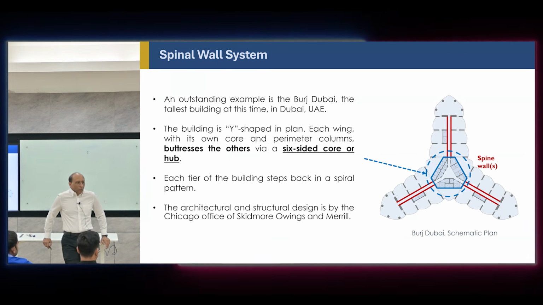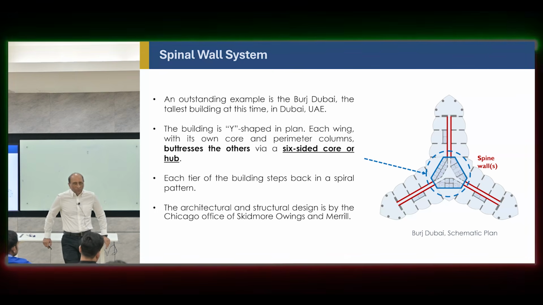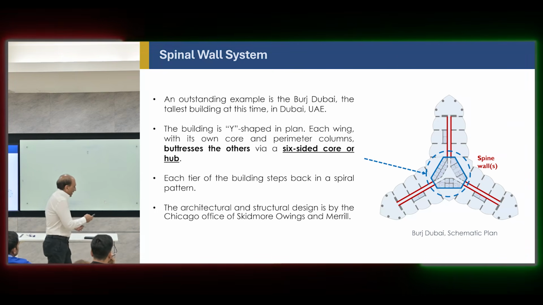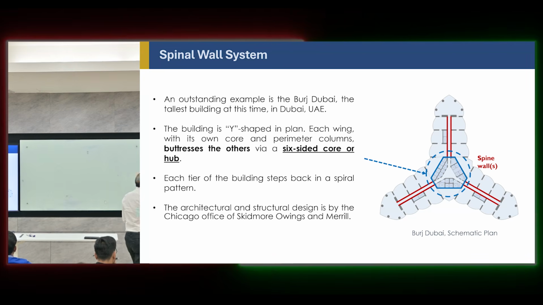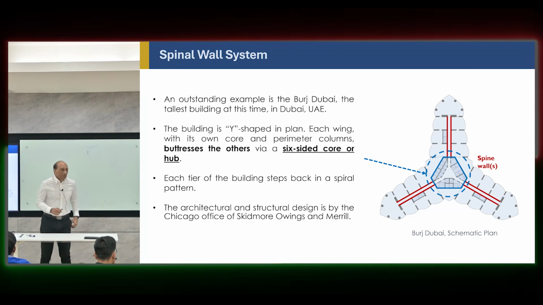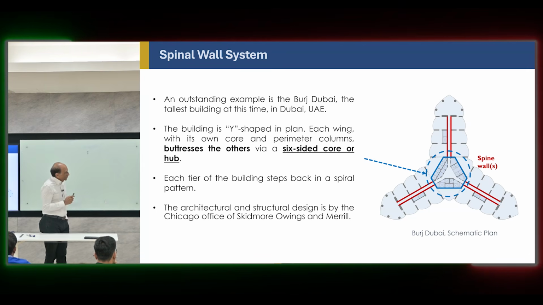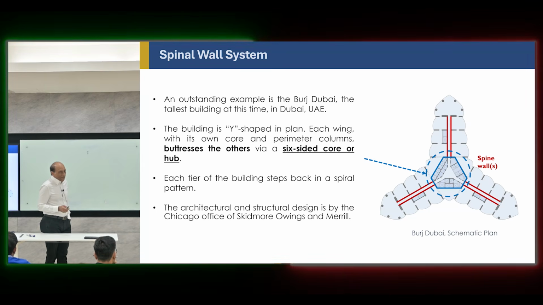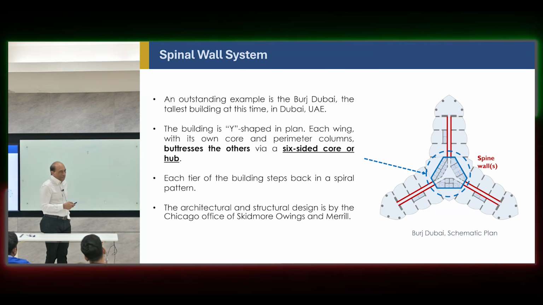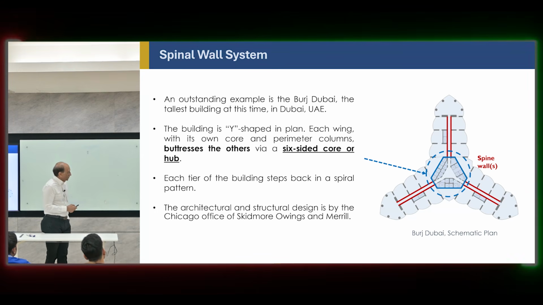If the core fails, everything fails. And the core is where everybody wants to have their things accumulated. Normally there are some serious issues regarding the core design and core size. There was a building that failed in Bangkok because of the core. That's how important the core for the tall building is.